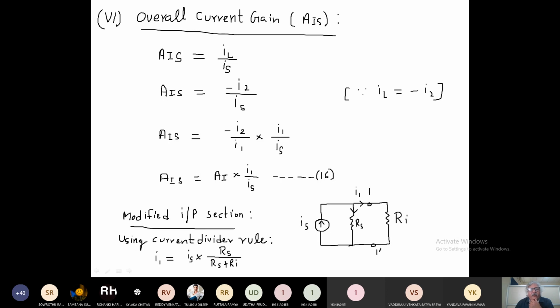So we have done this modification and written this expression in terms of Ri, so that, see your expression number 16, we have I1 by IS. This relation we require. So can we get this relation from this equation now? By using the current divider rule, from the expression we have, we can find the expression for I1 by IS.